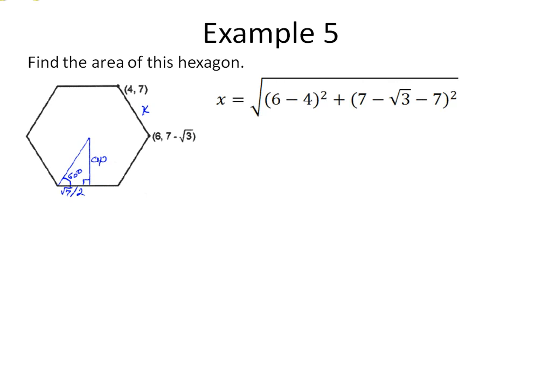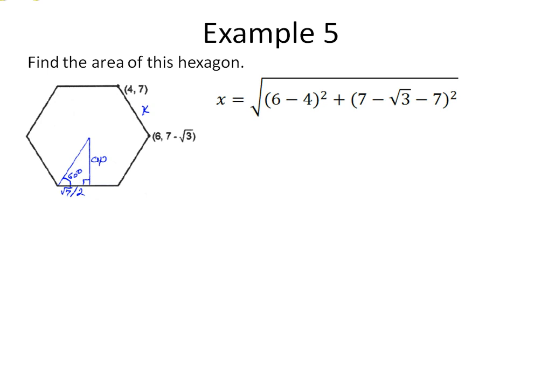Okay, so the distance formula tells us that x is equal to the square root of the quantity 6 minus 4 squared plus the quantity 7 minus the square root of 3, which is this one right here, minus 7, and all that together is squared. Notice that we have a 7 subtracting the square root of 3, and a 7 over here.